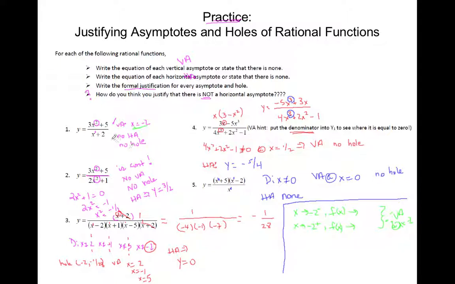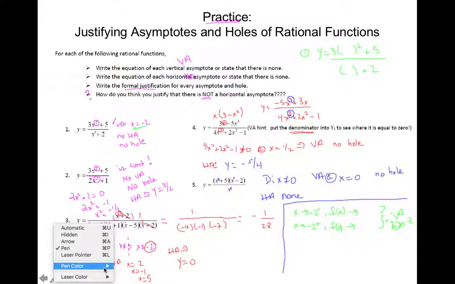Here's how, without a calculator, I figure this out. Talk to me about putting in 2. I'm sorry, -2. We can't put in -2, right? You're not allowed because -2 makes this denominator 0.